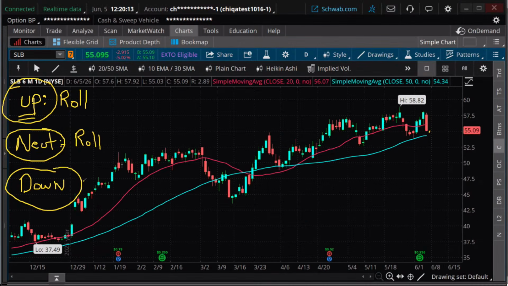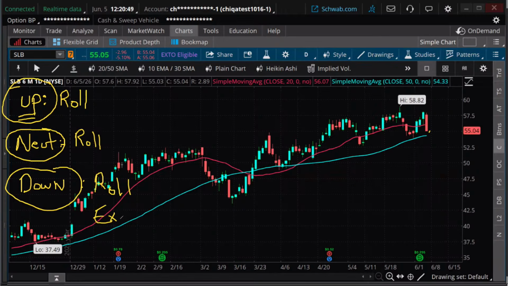Number one, I would say a lot of times, if the stock goes down, what we'll do if we're still bullish on this and we think it's going to recover, we'll just roll it. If we're bearish on this, if it still goes down short term and we think it's going to go down longer term, we'll just exit the trade.